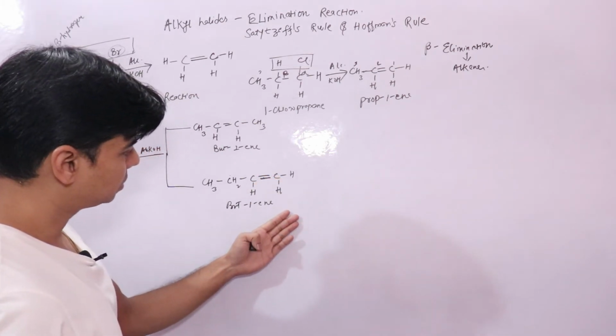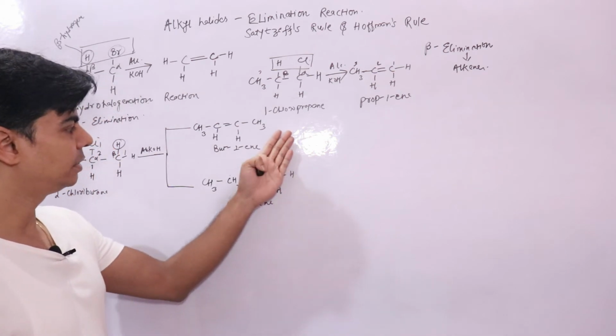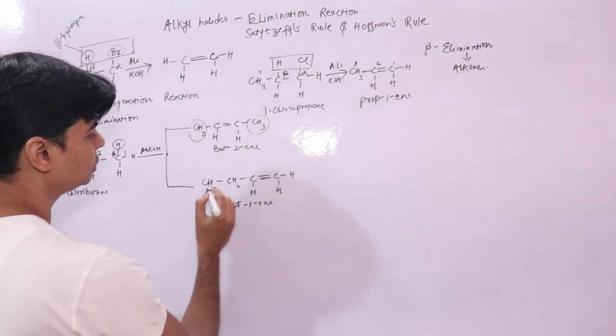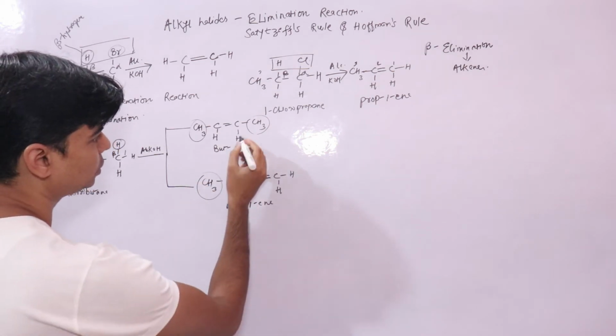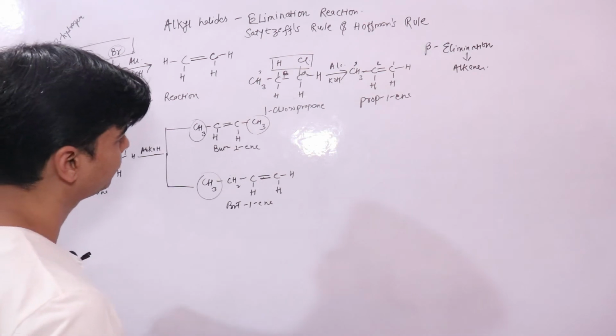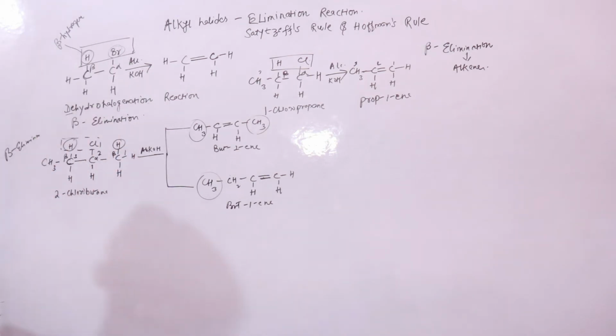So this is a different alkene, right? You can see you have two methyl groups here, you just have one methyl group here. The position of the double bond is different. So these are some differences between these two.